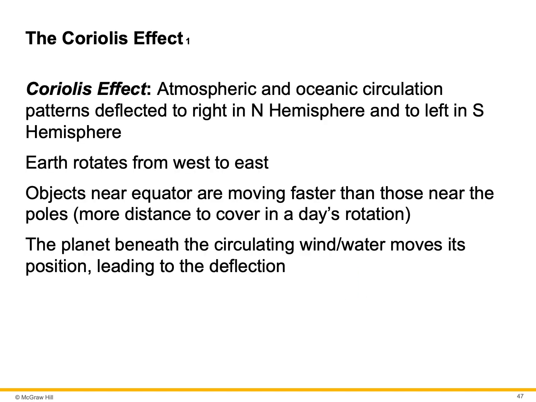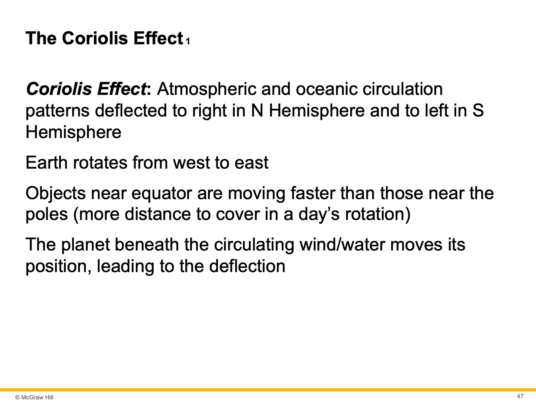There's something called the Coriolis effect. The Coriolis effect is in the atmosphere as well as the ocean circulation pattern, so it affects the global winds and the ocean currents. It deflects to the right in the northern hemisphere and to the left in the southern hemisphere because the Earth rotates from the west to the east.